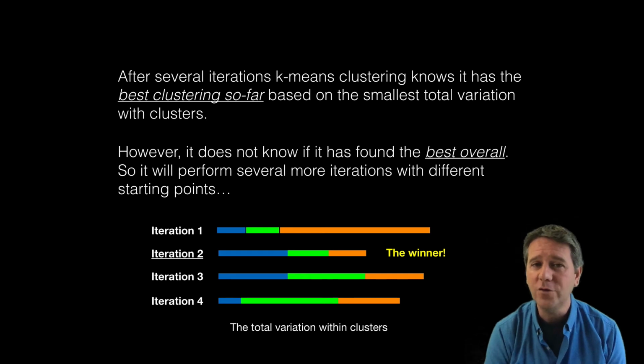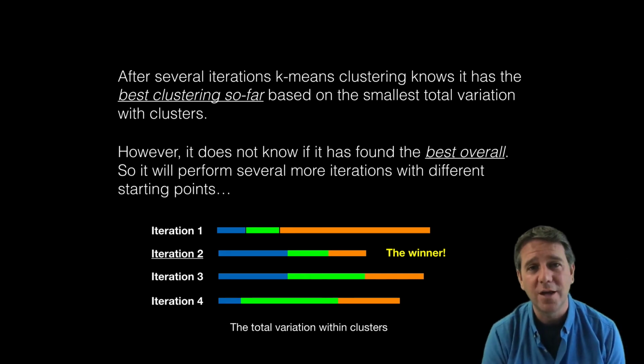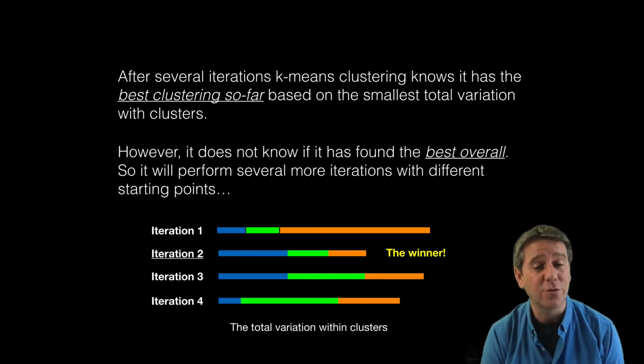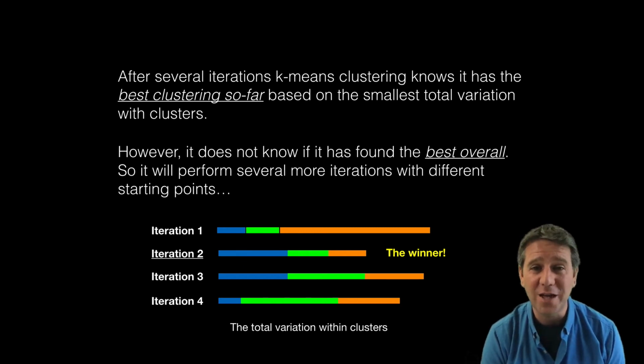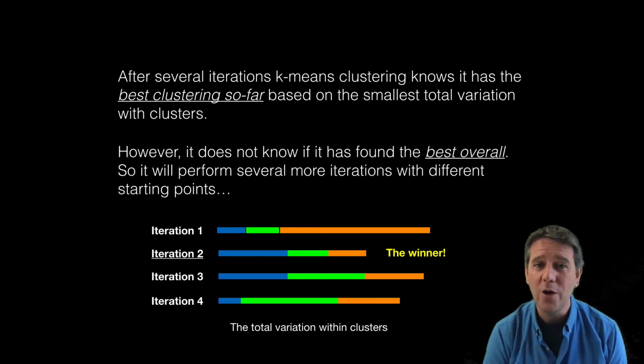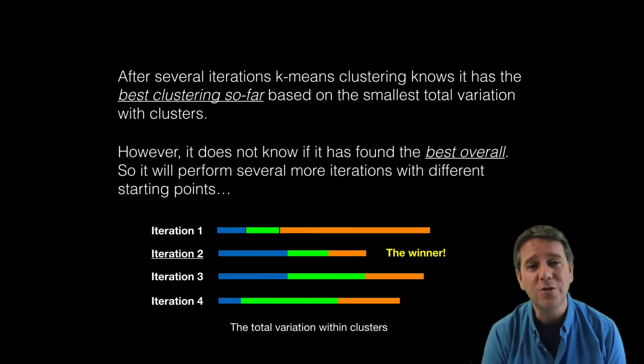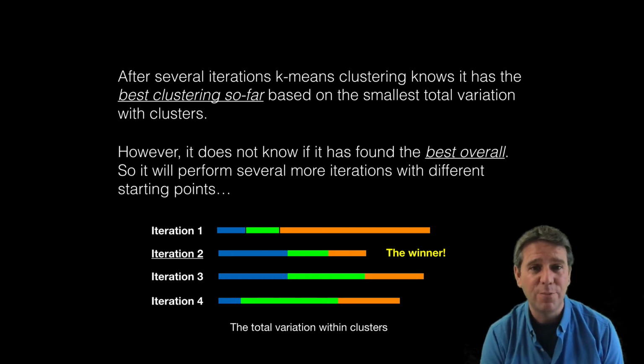So, after several such iterations, k-means clustering will know which is the best result so far, based on that value that we calculate, based on that smallest total variation within clusters value. However, it doesn't know if it's found the best result that it could possibly find, the best overall result. So it's going to perform several more iterations with different starting points, and then pick the winner.